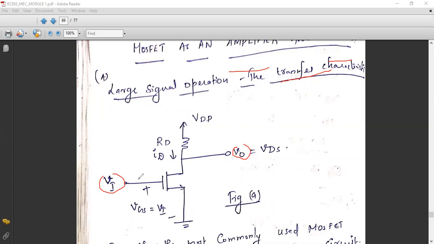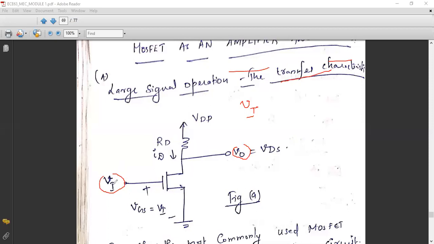Also you can see that all these current and voltage notations I have specified with the combination of a small letter and a capital subscript or suffix. This is a combination of both AC as well as DC analysis. We have given an AC input for amplification purpose.